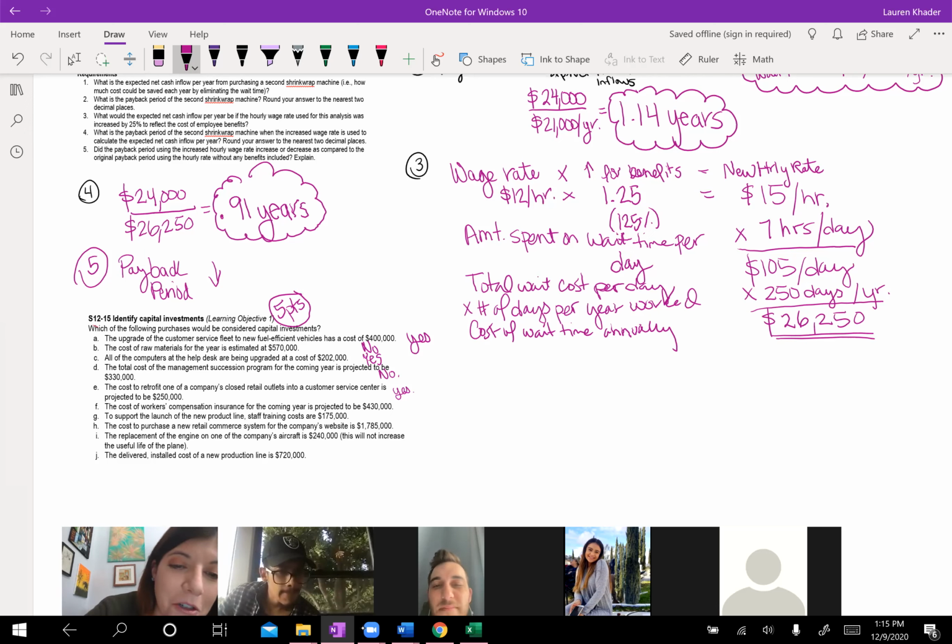Nope, that's a normal operating expense. So notice these things can be expensive or not quite as expensive, but it depends on what we're purchasing or what we're spending the money on. G, to support the launch of the new product line, staff training costs are $175,000. No. Normal operations.